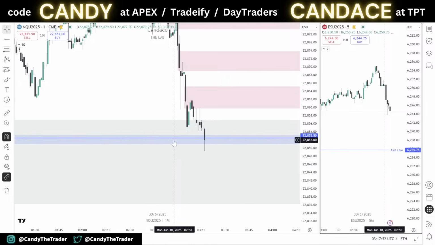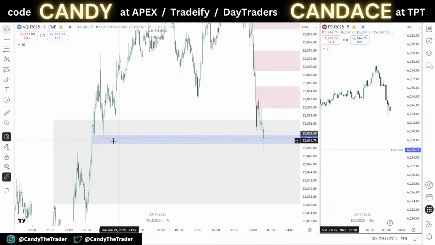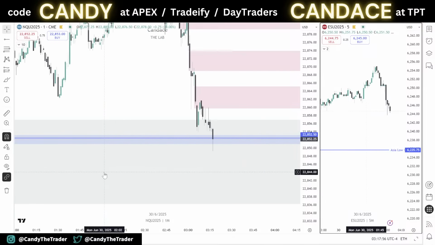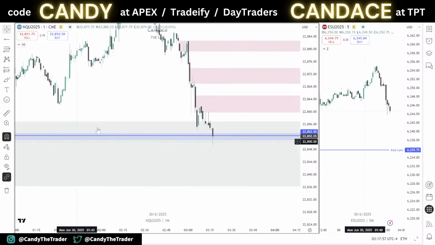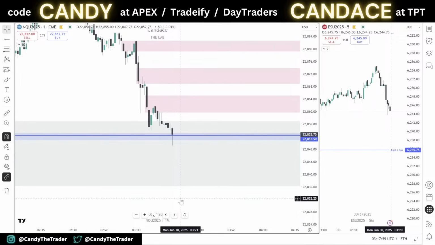Okay, finally we swept this liquidity and dipped inside a 1 hour FVG. Any chase yet? No chase yet. Maybe I'm going to miss all the moves today. Who knows? That's going to suck.